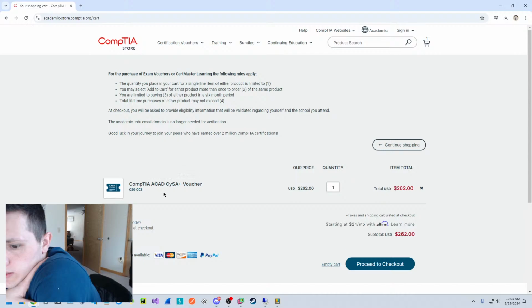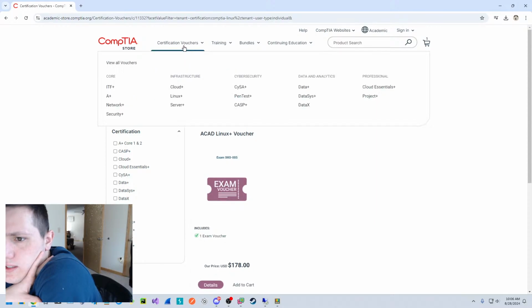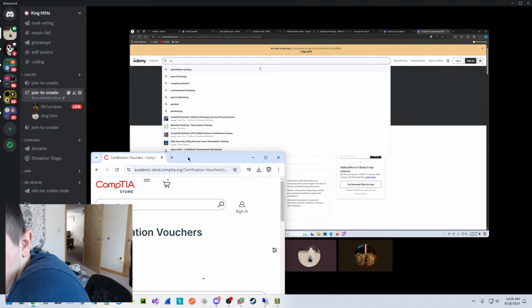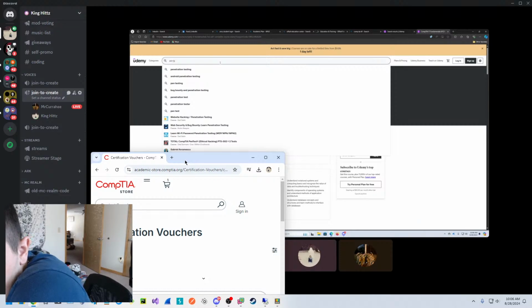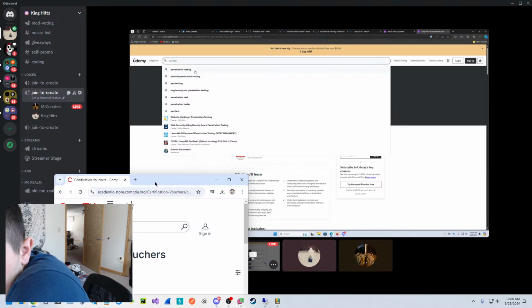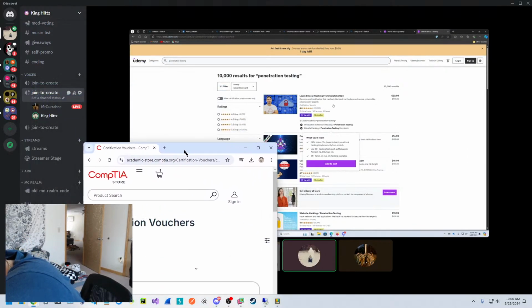Hey, do me a favor real quick. Check this one too. Okay. Oh, I already have Slicer. Let me do Linux, because I'm going to do Linux. Actually, no, see if PenTest Plus is on sale. Go to PenTest. CompTIA PenTest Plus. Yeah. Okay. That just popped up. What the fuck? Just do the penetration testing, and it should pop up, Dion. That one right there, that PenTest Plus.